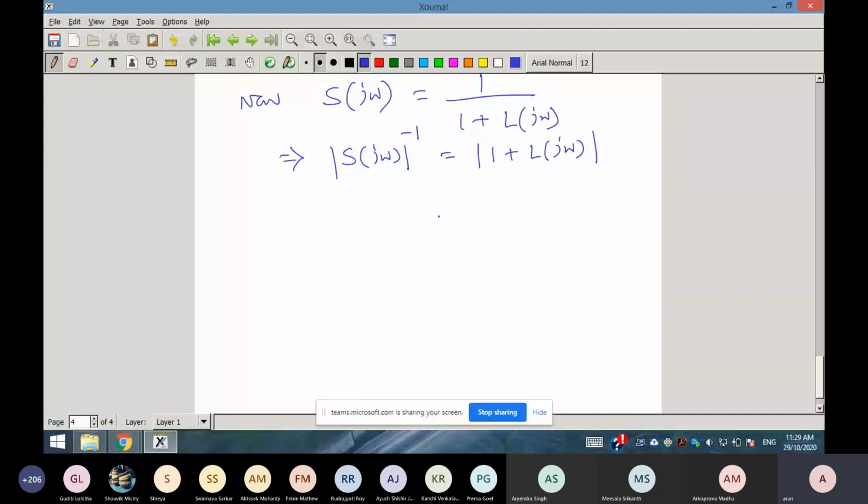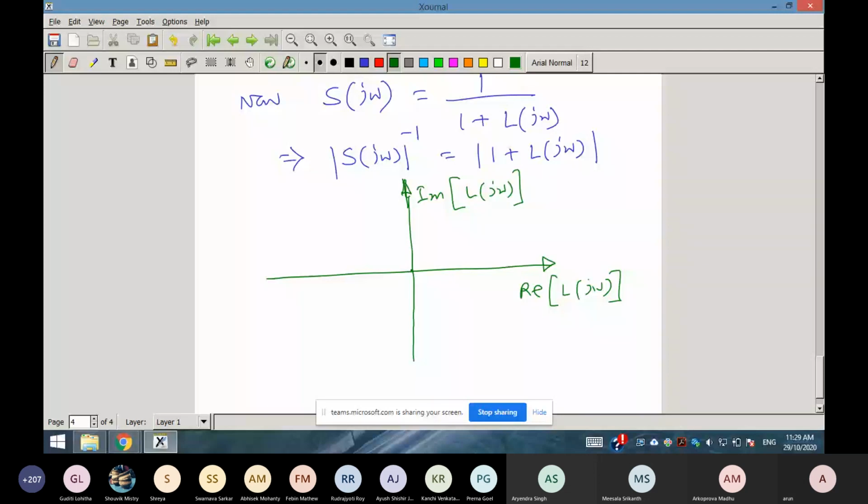If you draw a typical Nyquist plot, from omega equal to 0 to omega equal to infinity, this is your -1 point.